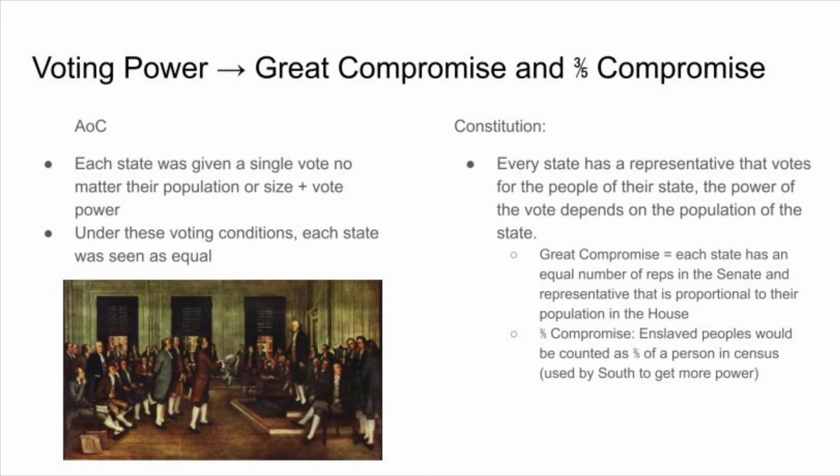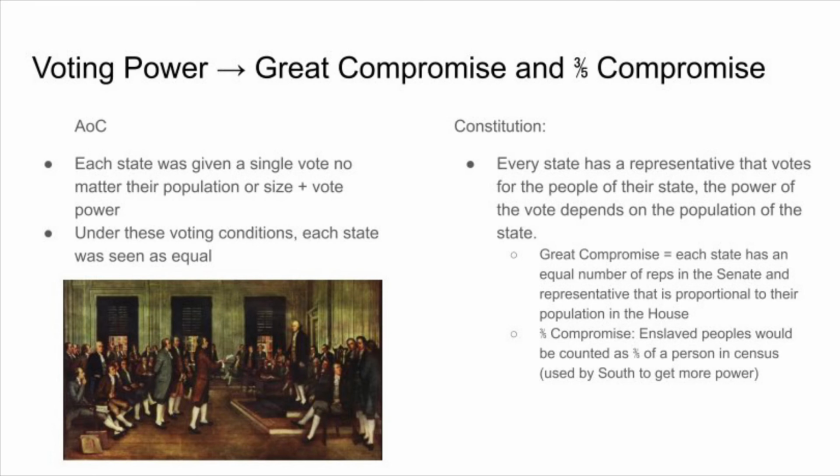The Constitution gave every state a representative that would vote for the people, and the power of that vote would depend on the population of the state. This came with the Great Compromise, which gave each state an equal number of representatives in the Senate, and the amount of representatives in the House was proportional to their population.